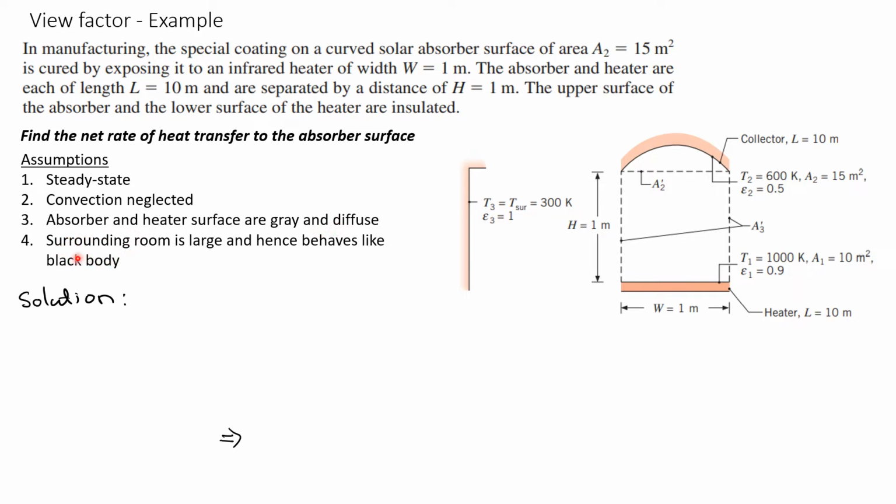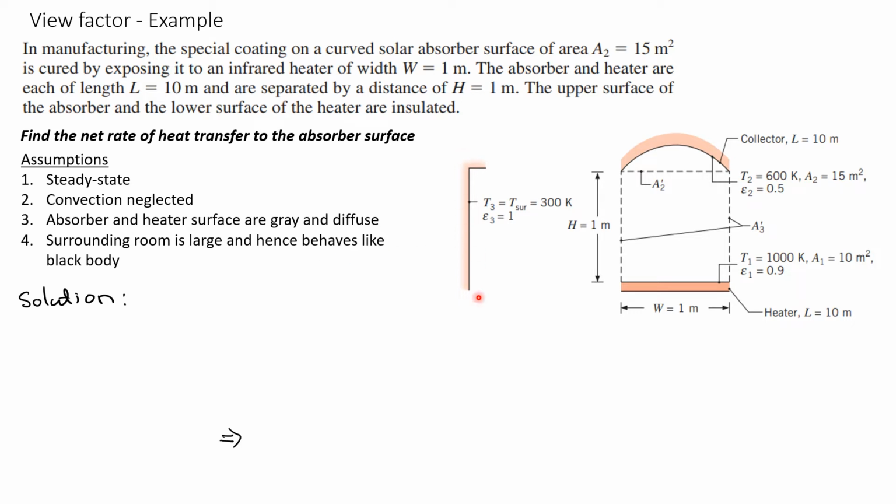And our fourth assumption is that because the surrounding room is large, it will behave as a black body, and we just saw the derivation of this assumption in our video related to view factors.